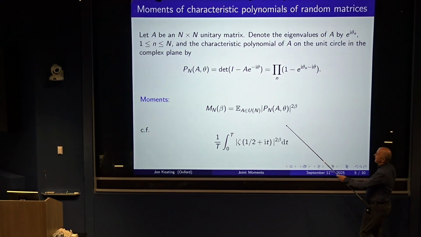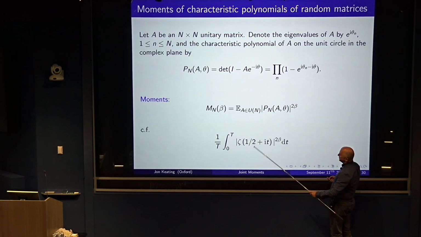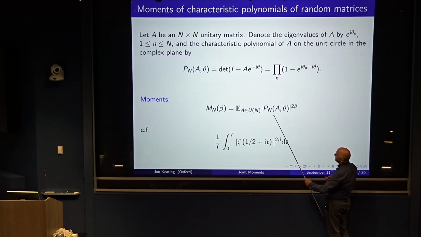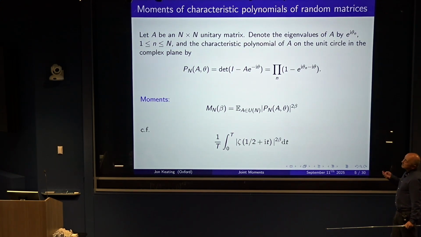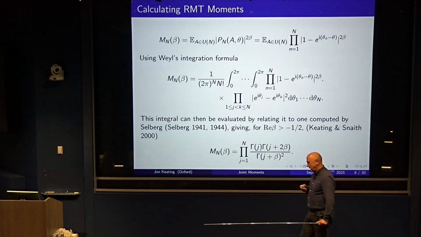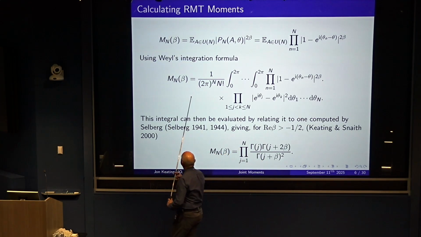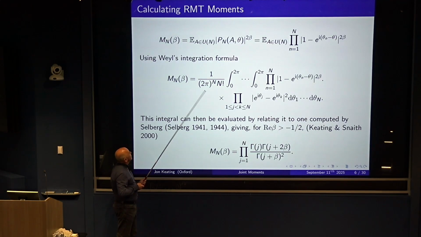The idea is to compare these moments with the moments of the Riemann zeta function, and hope that if we can compute in random matrix theory, this will tell us something about the zeta function moments, according to the Montgomery philosophy. But it turns out you can compute the moments of characteristic polynomials, and this is now a very old story, so I'll go through this rather briefly in order to contrast with what I want to tell you later on. This isn't the focus, it's just a preamble, if you like.